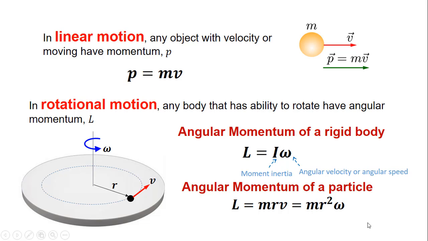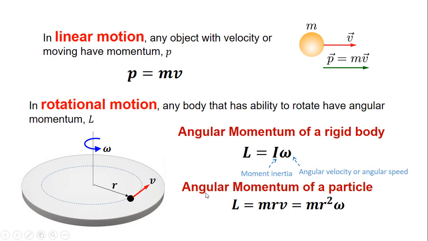Please kindly distinguish these two equations carefully. L equal to I omega is the equation we use to calculate angular momentum for a rigid body.